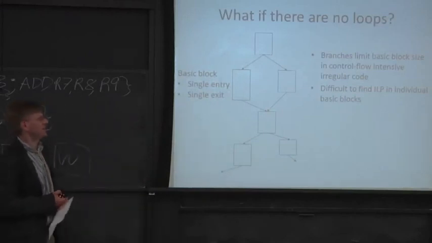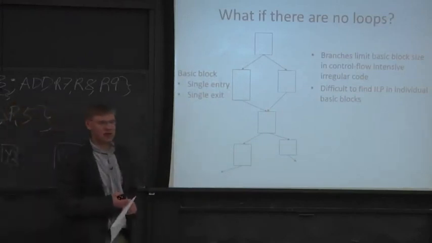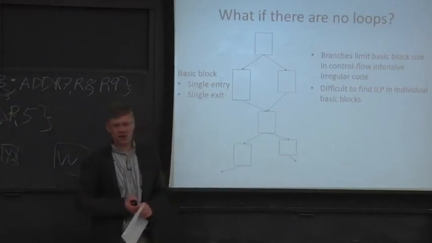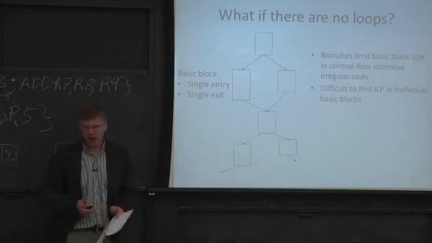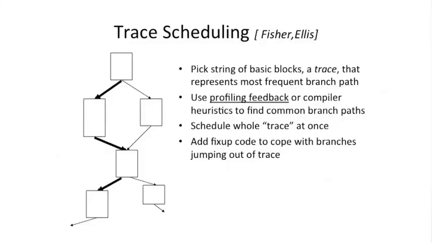Okay. So loops are easy. We can software pipeline. We can unroll. Squirrely code, if-then-else, spaghetti code, a lot harder. So the compiler guys came up with some fancy tricks to make VLIWs work better and to take advantage of some of the code motion that an out-of-order superscalar does, but in the compiler and not dynamically in hardware.